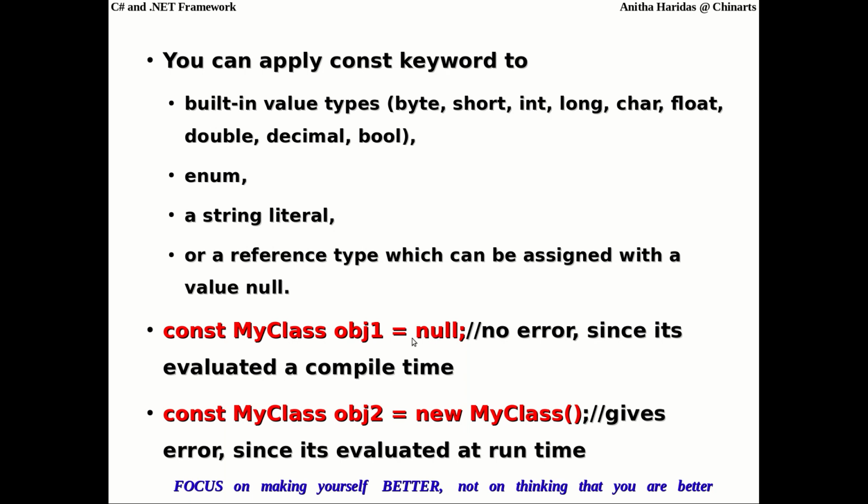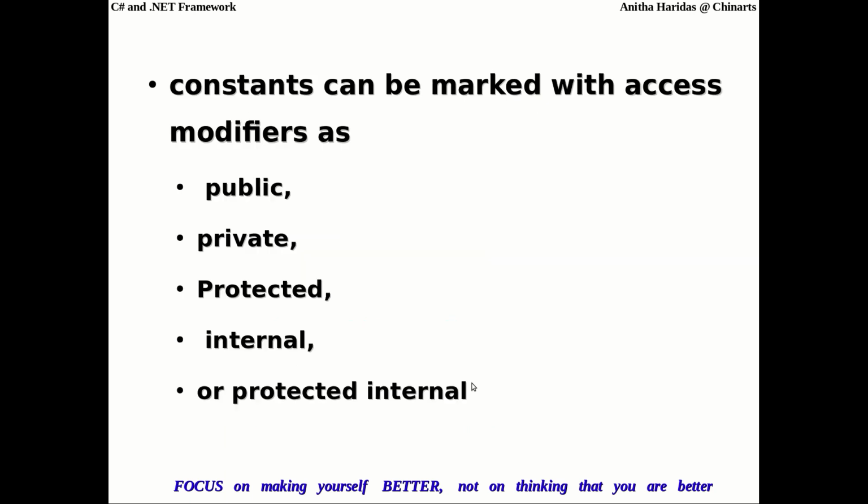So obj1 will be assigned with value null, then there will not be any error because it can be evaluated at the compile time. But when you are going to use new operator, this will be executed only at the runtime, which cannot be assigned for a constant. So this is going to give you an error. So the only possible constant value that can be assigned to a reference data type will be a null value.